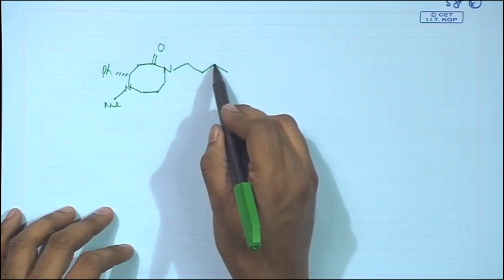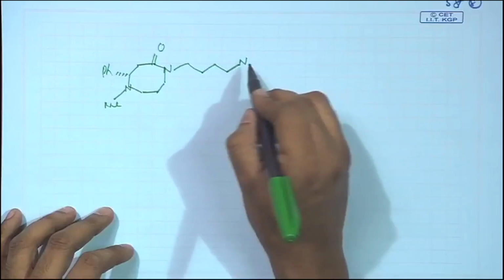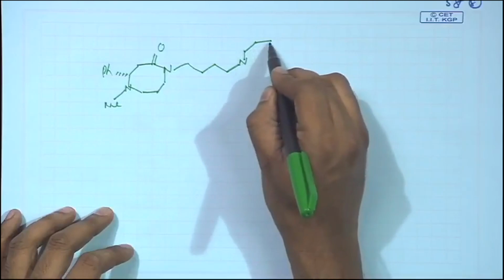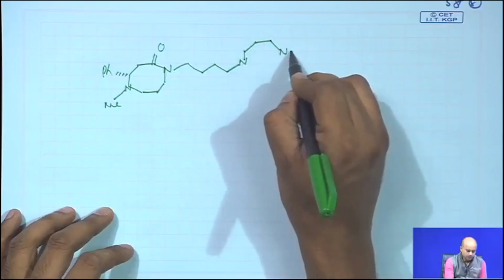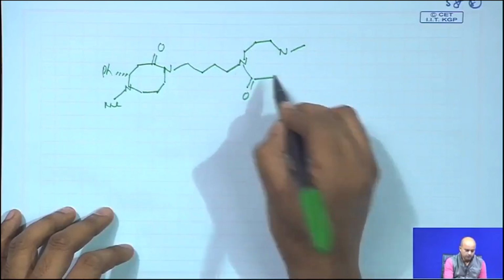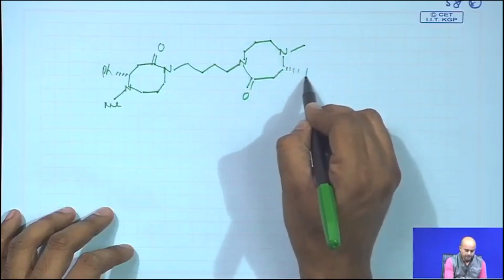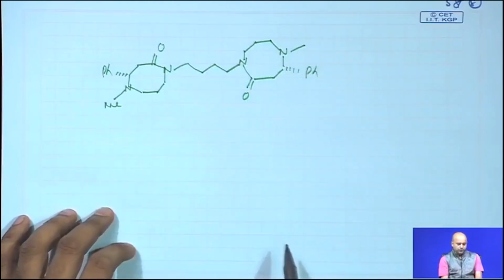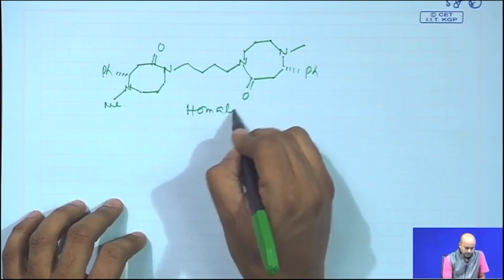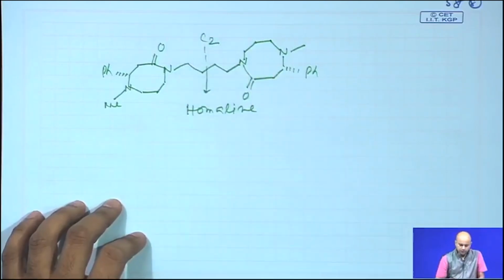So, 1, 2, 3, I think it's 4, yeah, this is a 4 carbon spacer. The left hand side is the same compound. This compound is a natural product, its name is homalene. This is again a C2 symmetric compound.